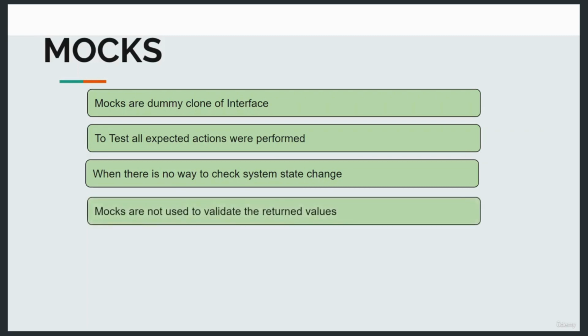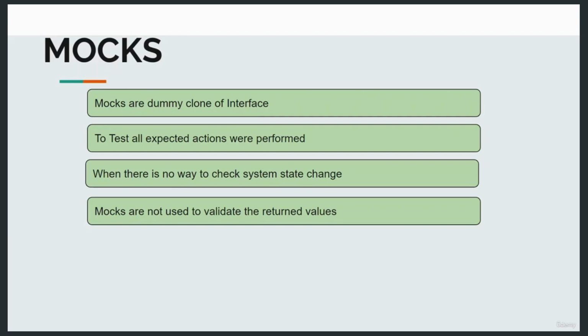These are not used to validate the return values. Here we are not concerned about what a mock is returning, whether it's success or failure. Generally mocks do not return any value. They just consume the request we send from our unit test or code.